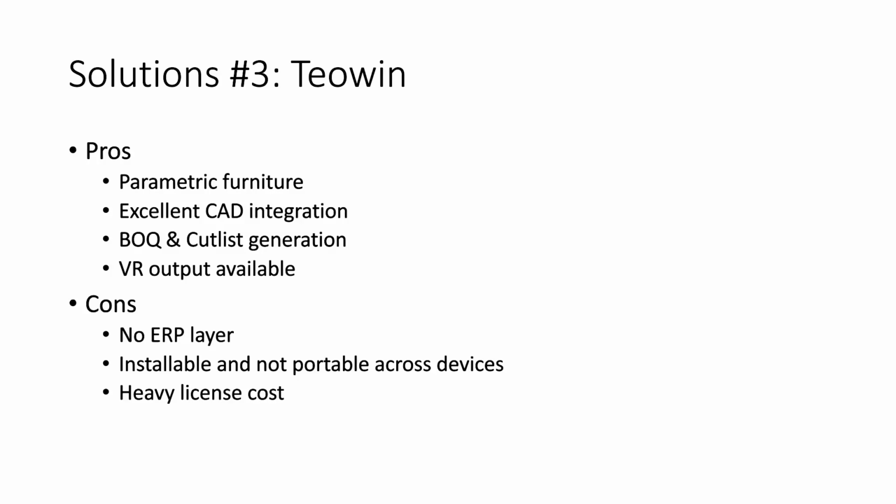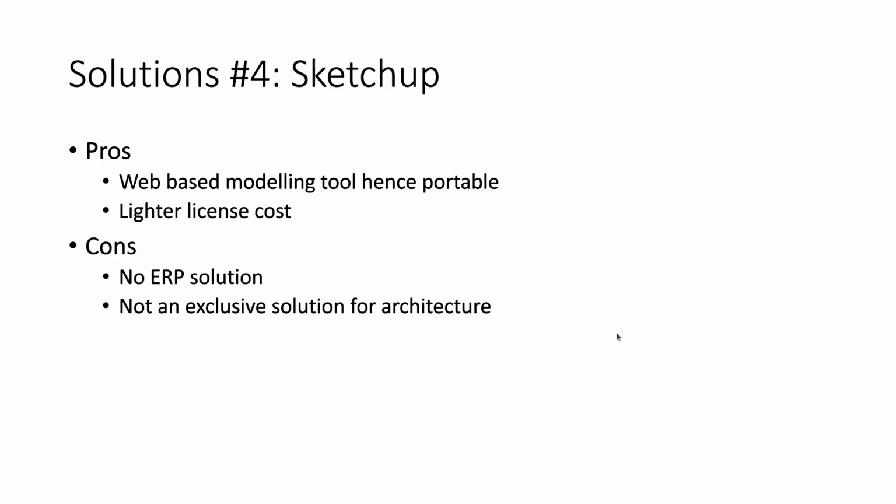It also invites the same problem as the former two solutions that we looked at, heavy license cost. We have SketchUp. The advantages are it's web-based, a lighter tool, and also portable across devices. The license cost compared to the other three is much lesser. The disadvantages again are there is no ERP solution. Importantly, it is not an exclusive solution for architecture.